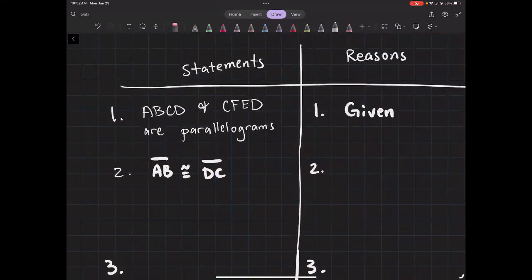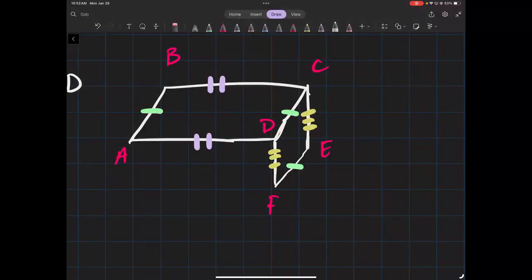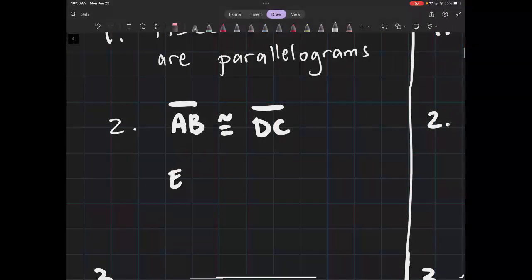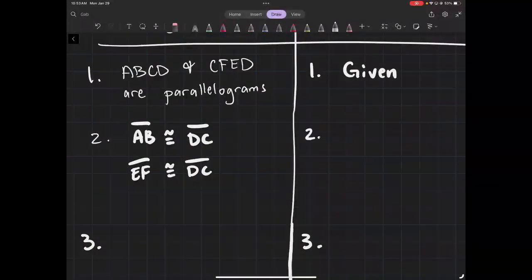Okay, and at the same time, 7.3, I'm gonna put that in after. EF is congruent to what? DC. Okay, and the theorem, Julina said 7.3.